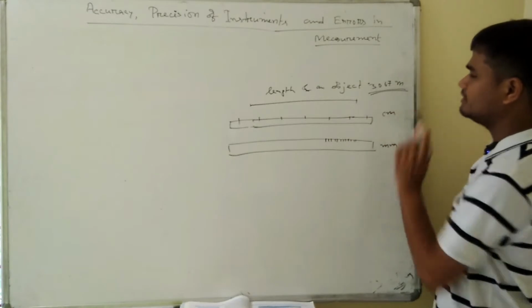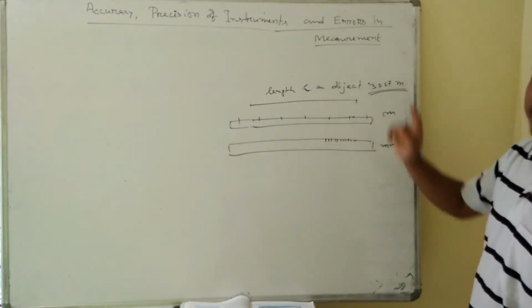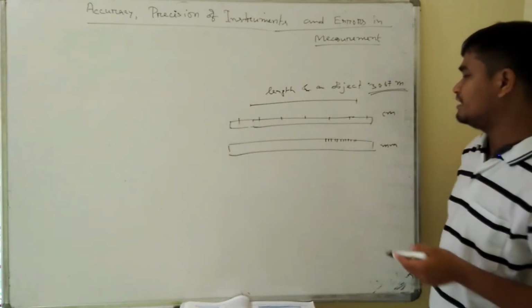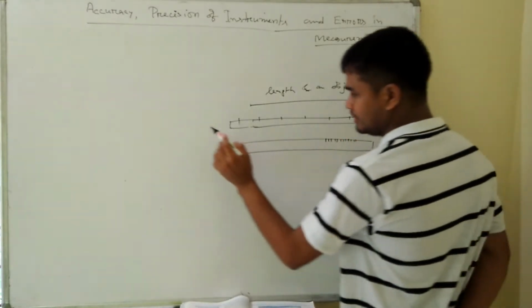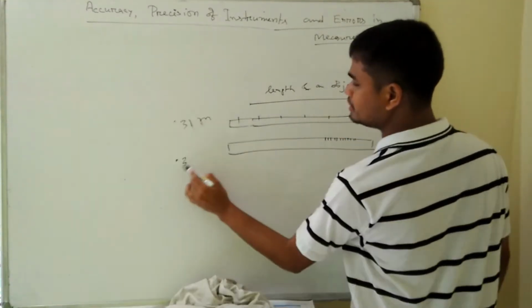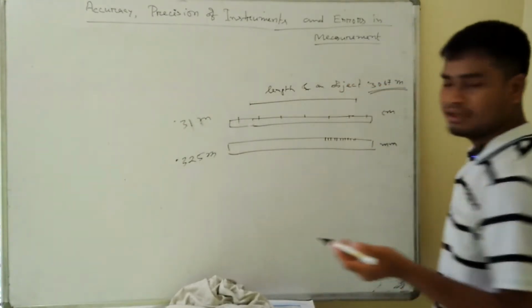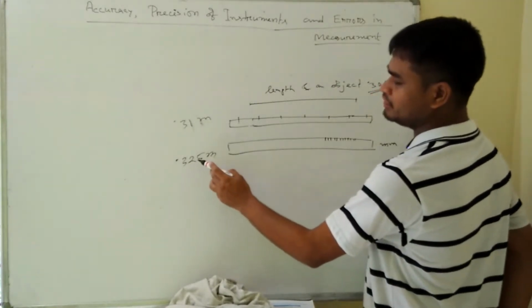Let us consider this is the real value, the length of this object. Now if we use this centimeter scale and you get the value, let us consider, 0.325 meter.